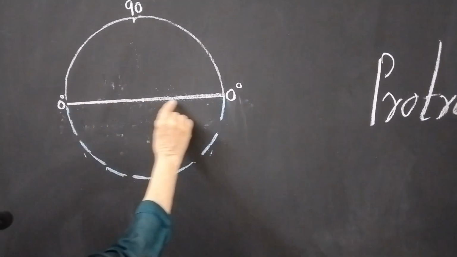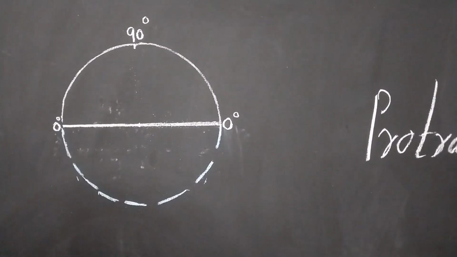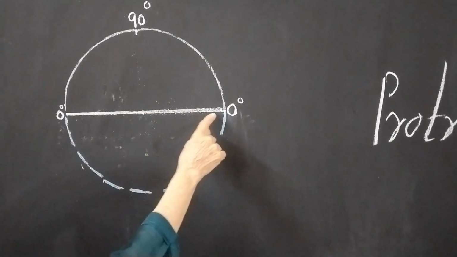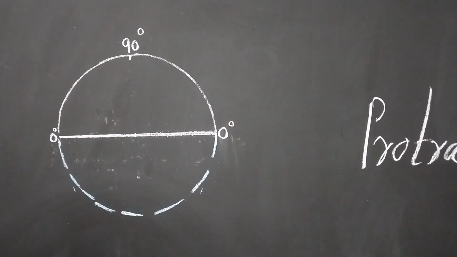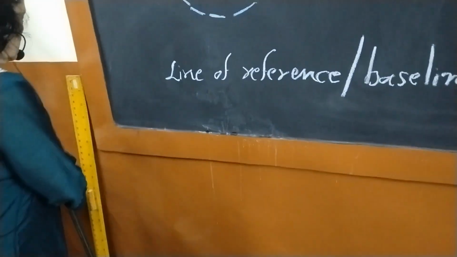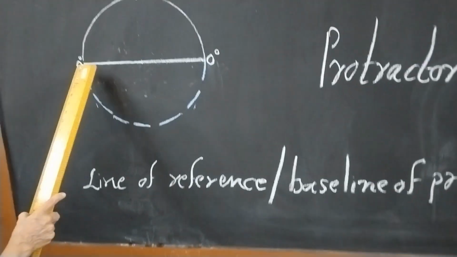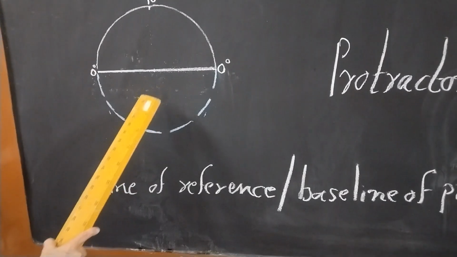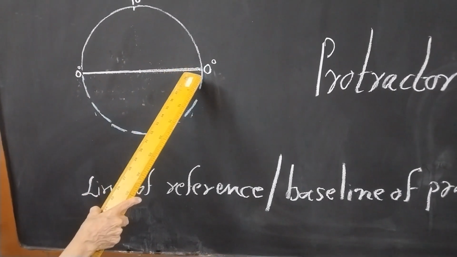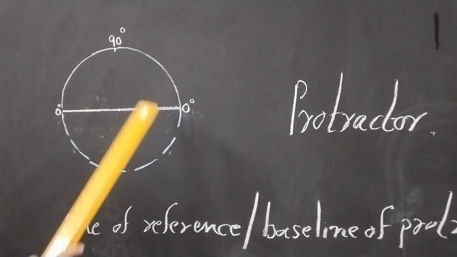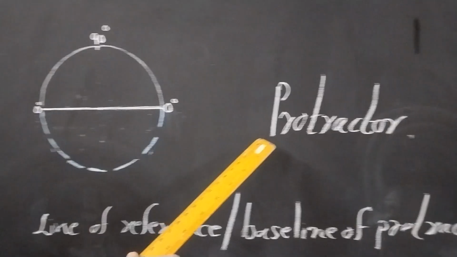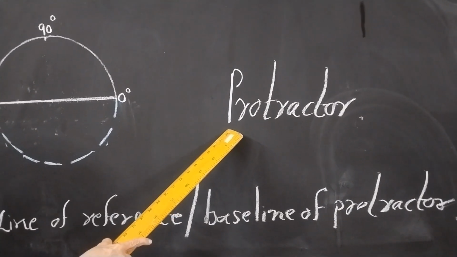Now the diameter of the circle is called the baseline or the line of reference of the protractor. And this baseline is nothing but the diameter of the original circle from which the protractor instrument has been prepared.